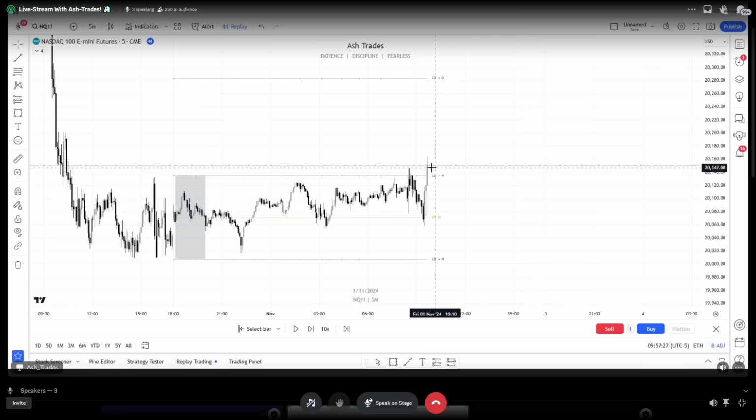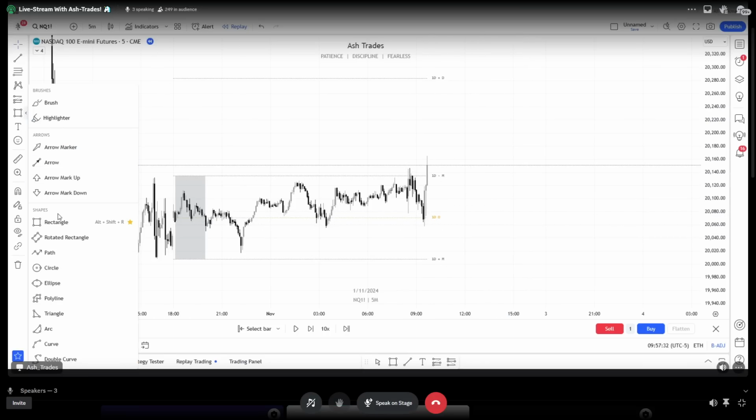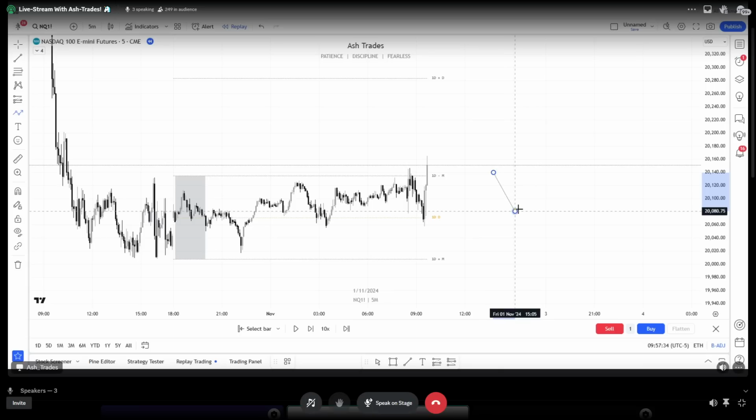Okay, this looks like we're beginning to accept above the range. What are we looking at here? We swept. This is 8:30, so this is most likely the data lows. We swept them. After sweeping them, we're creating a breaker block that has an FVG aligned with it.